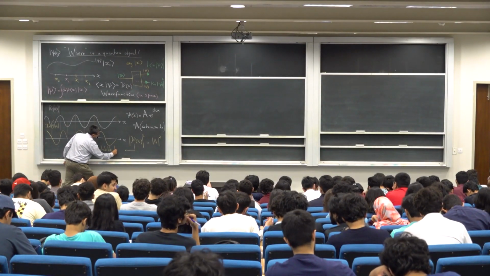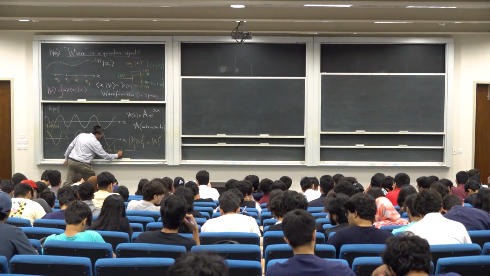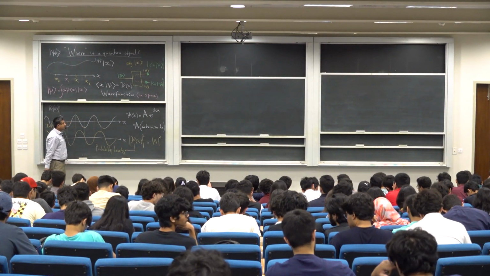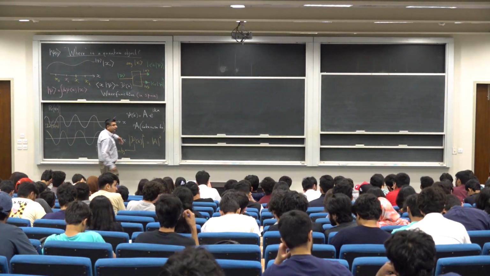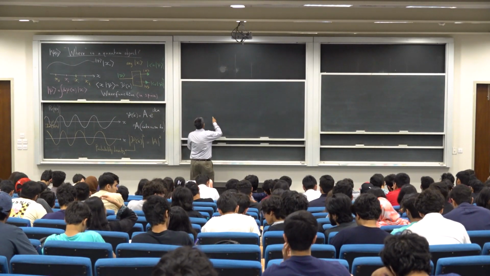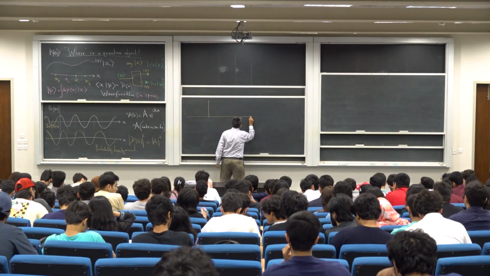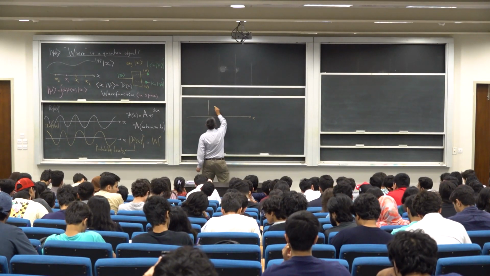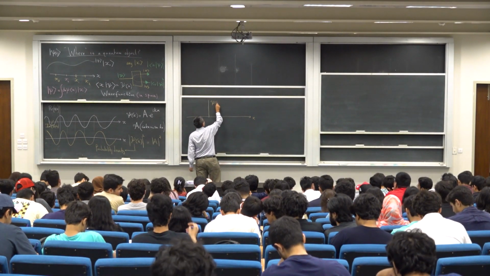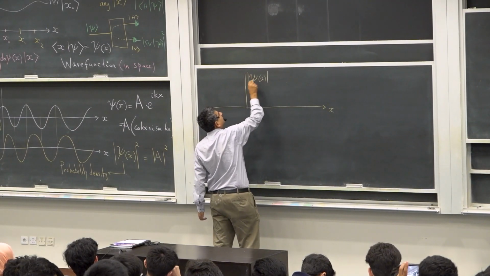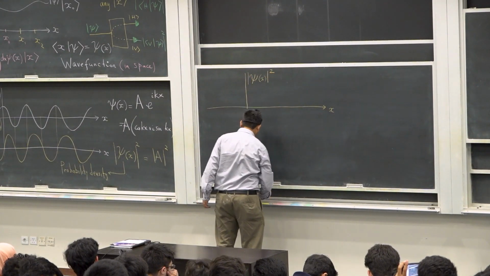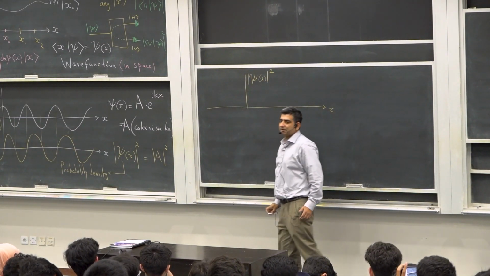What this means, by the way, is if for this wave function I plot psi x modulus square against x, what would the graph look like?